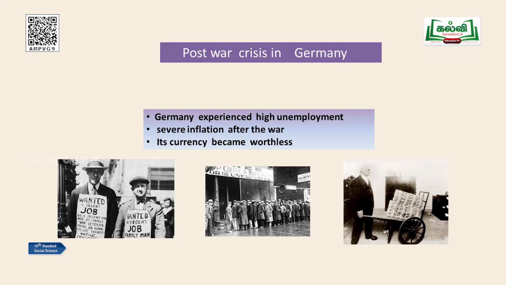In the picture you could see people carrying a bulk of money just to buy one loaf of bread. The German currency turned worthless. Even to buy a single product, they had to carry bulk currency. See that in the third picture.